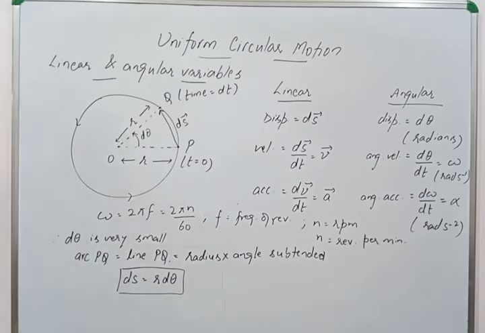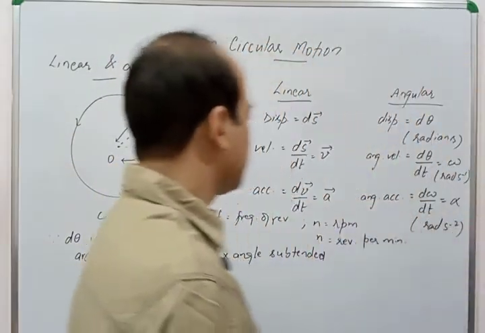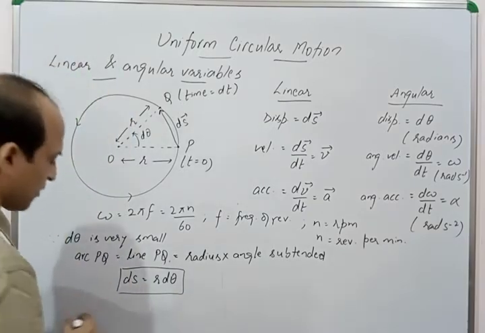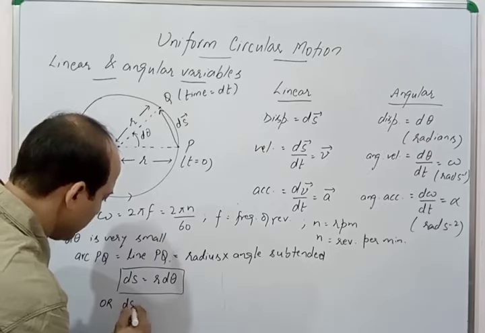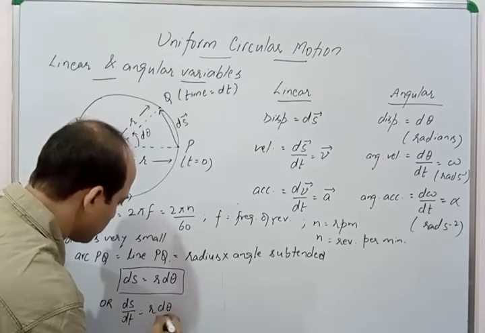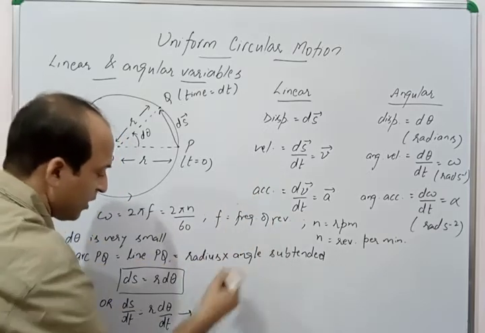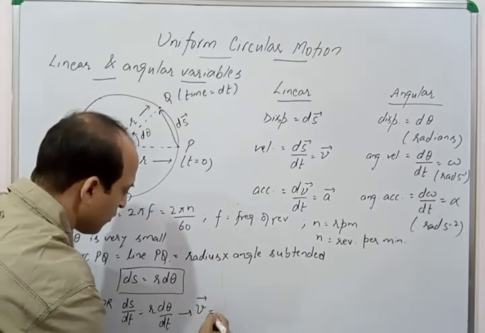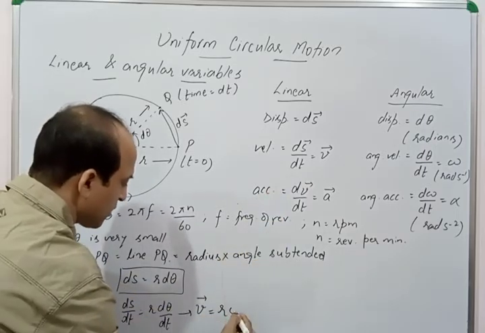What is linear displacement? Radius into angular displacement. In a similar manner, divide both sides by time, so ds by dt will be equal to r into d theta by dt. Now ds by dt is v, the linear speed or velocity, equal to r times d theta by dt, the angular velocity.